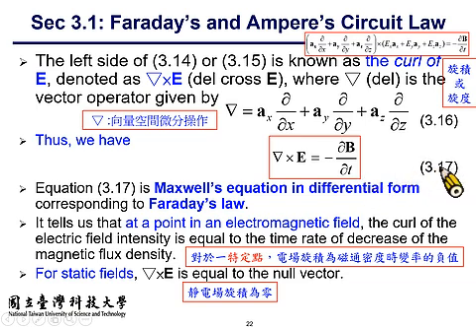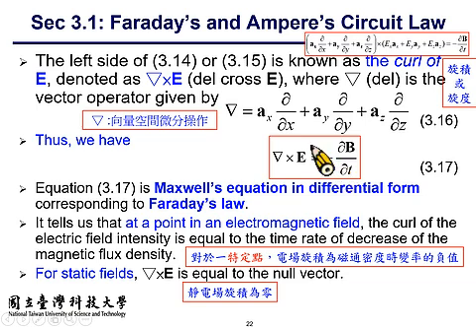Alright, so according to equation 3.17, if we are interested in a static field, so suppose you tell me that the electric and magnetic field in this region is a static field, which means they have no time derivative, then you will end up with the curl of E equals what? Equals 0.